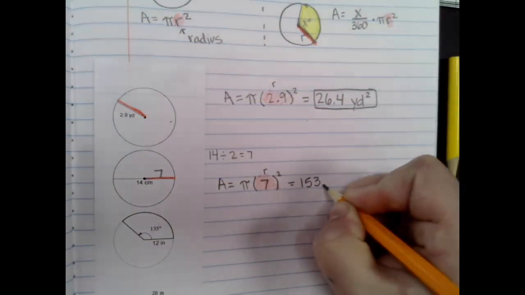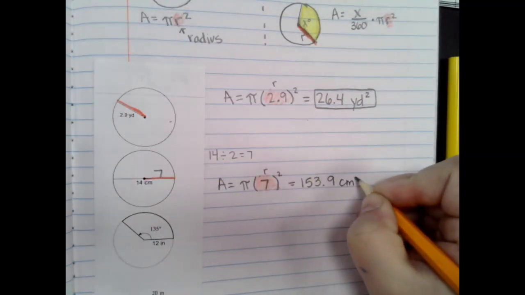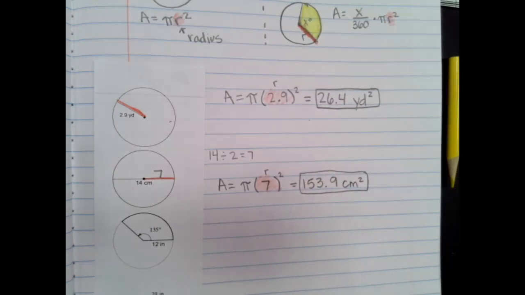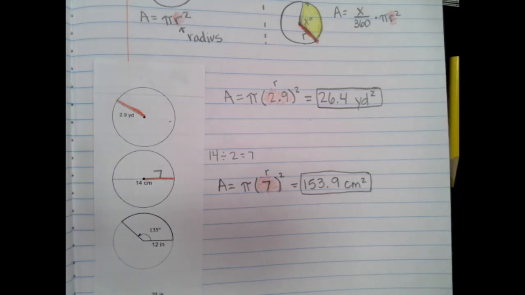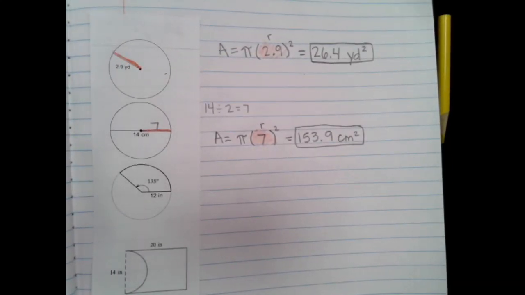So 153.9 square centimeters. Good. All right, last one like this, and then we do have a composite figure there at the bottom. Those of you that maybe have looked ahead.